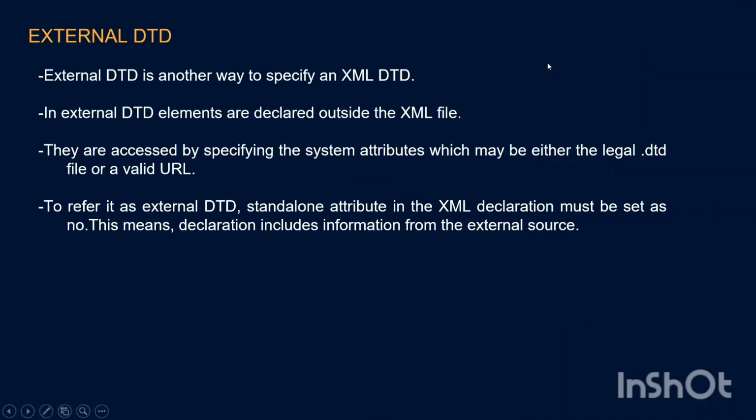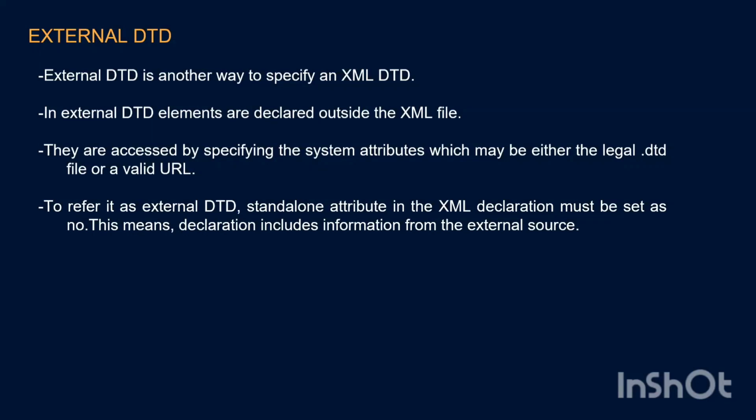In external DTD, the DTD is defined outside the XML file and the elements are declared in that file, which means that instead of describing them in the XML document, we will declare them in some other file which is saved with a .dtd extension, and a reference for the DTD is provided in the XML document.